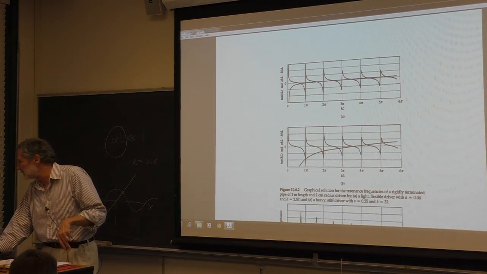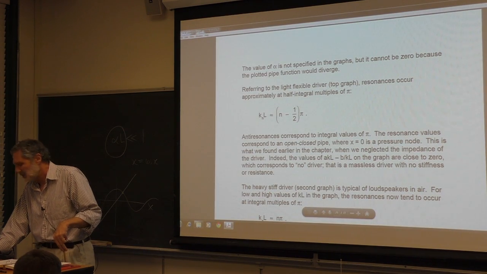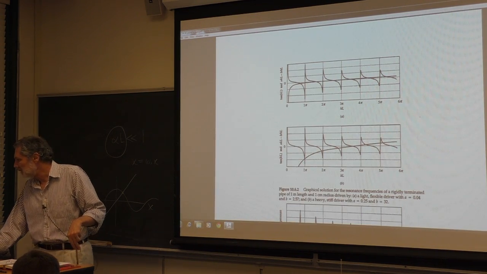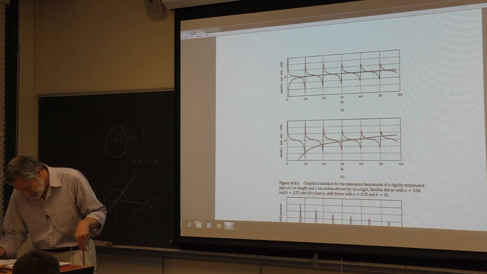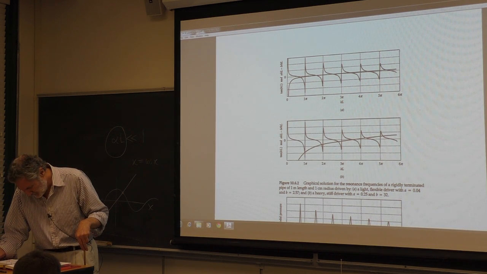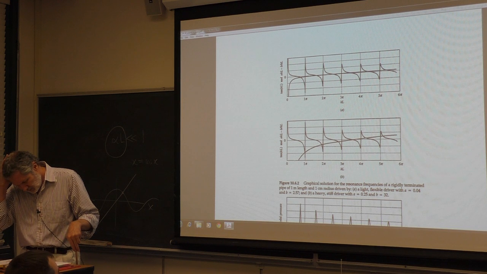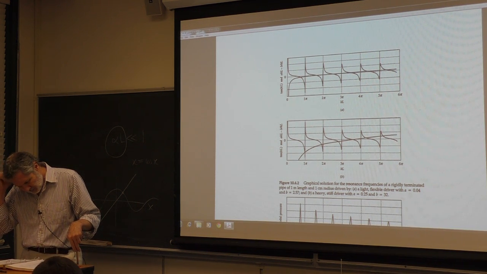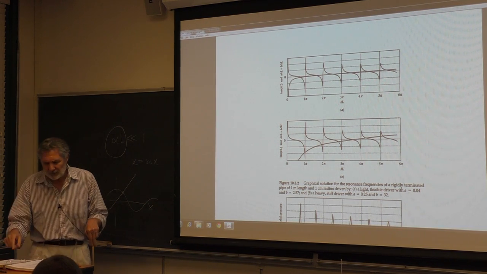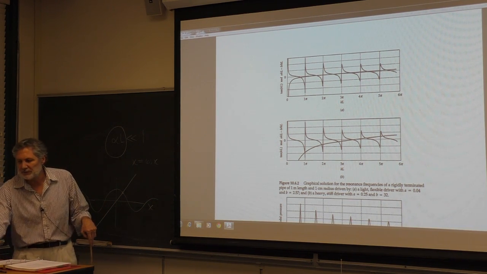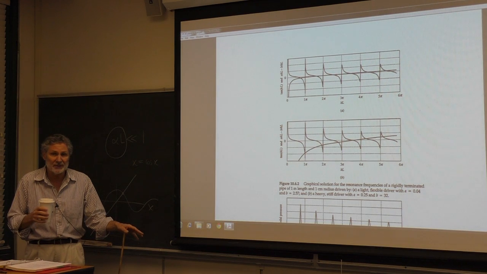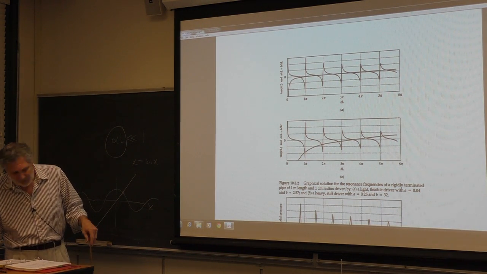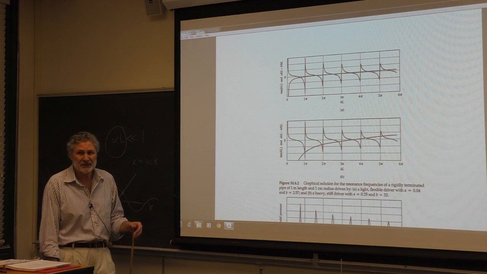But let me make sure I'm not missing something here. Oh, wait, I can keep this up here and just look here. Okay, so compared to the closed resonances, we have an additional resonance, which again is not surprising, because we've thrown this oscillator, the driver, into the system.